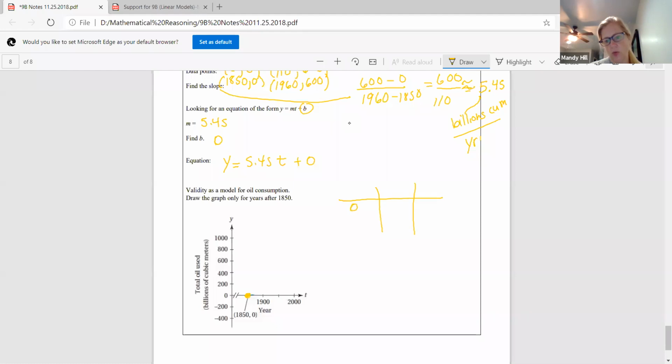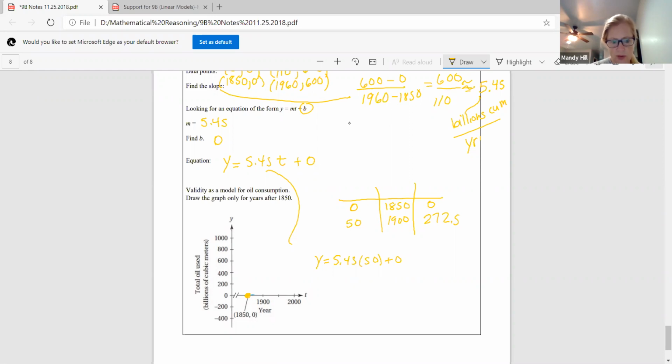We know that 0 represents 1850, and at 1850 we had about 0 use of oil. In 1900, that's after about 50 years has gone by. So if we plug 50 into our equation, we have y equals 5.45 times 50 plus 0, which we don't really need, but that's just saying we weren't really using any to begin with, but now we are. I'm getting 272.5, and that would be billions of cubic meters of oil.